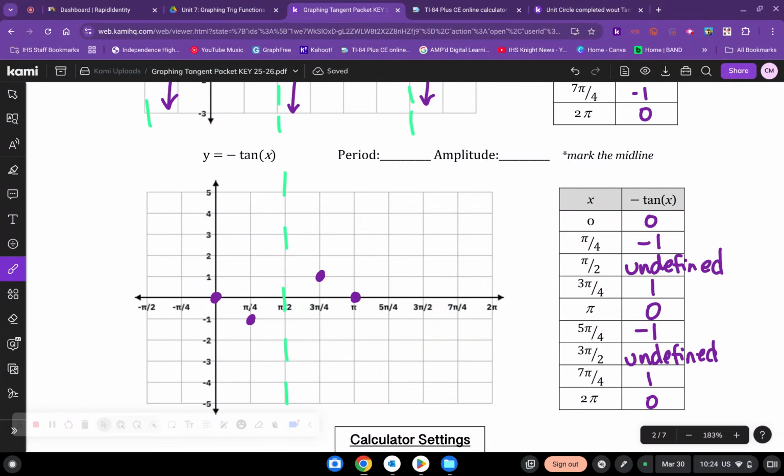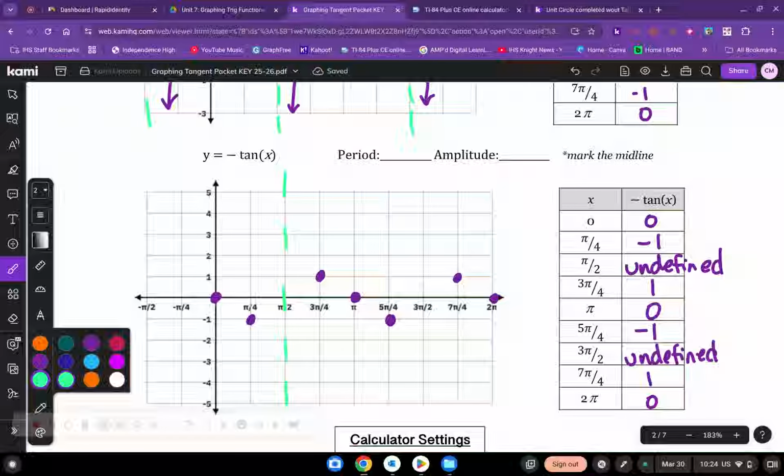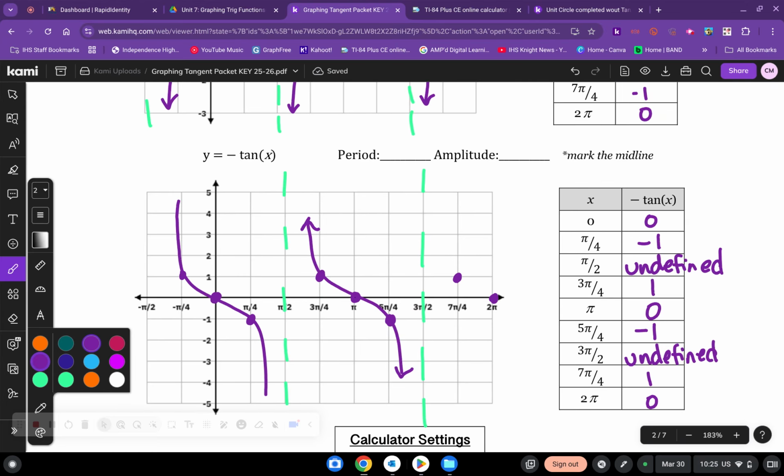Pi is still 0. 5 pi over 4 at negative 1. So let's add in this asymptote here. And we get a chance to see our wiggle. It turns a different direction.